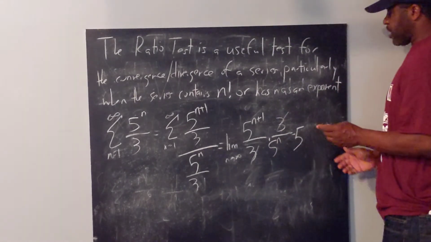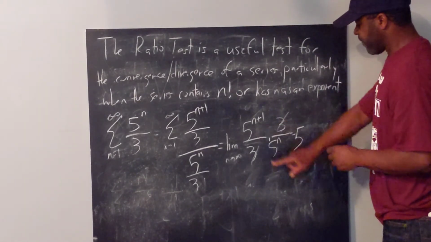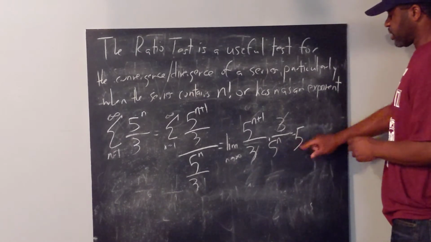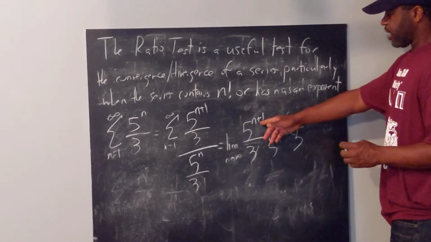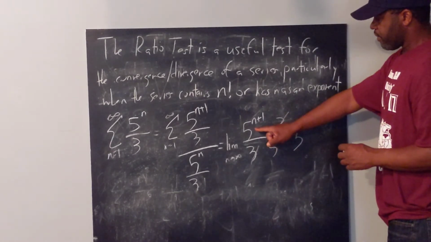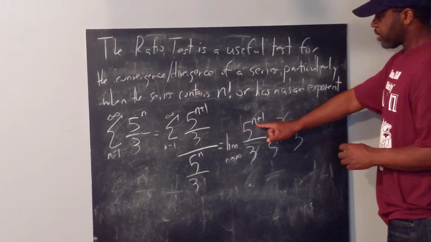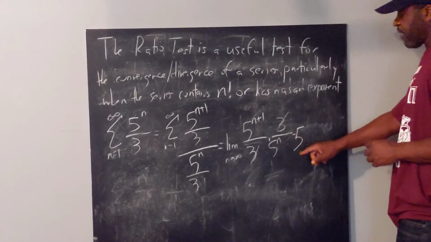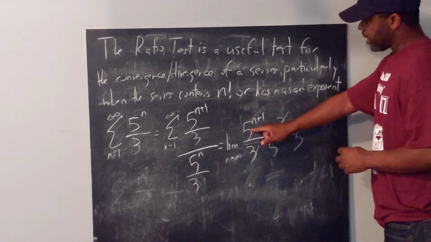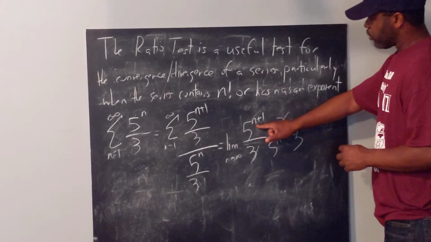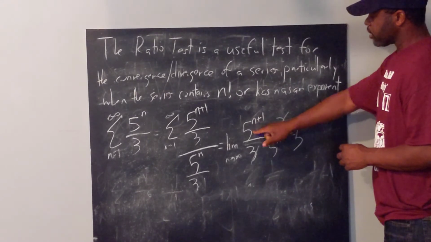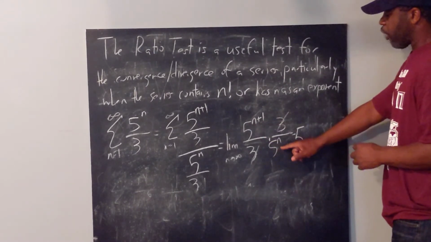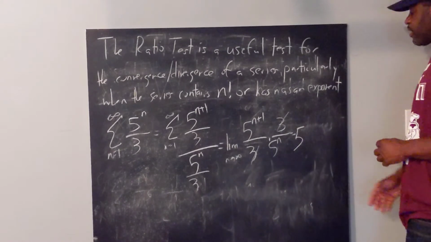Remember, if you put a 0 in, that would be 5 over 1, which is 5. If you put a 1 in for n, 5 to the 1 plus 1, 5 squared, 25 over 5. 25 over 5 is 5. If you put a 2 in, 5 to the 2 plus 1, 5 cubed, 125 over 25. That will still give you 5.